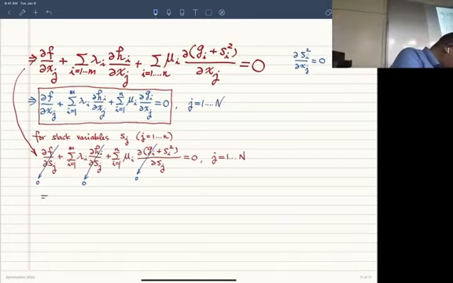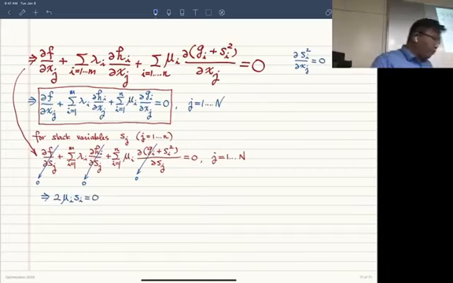So this gives us a conclusion: 2 mu_i s_i actually equals 0, right? If you do the derivative, only when the index i equals the index j does this term exist, for the ith equation.